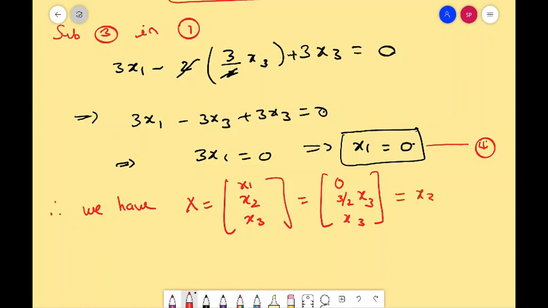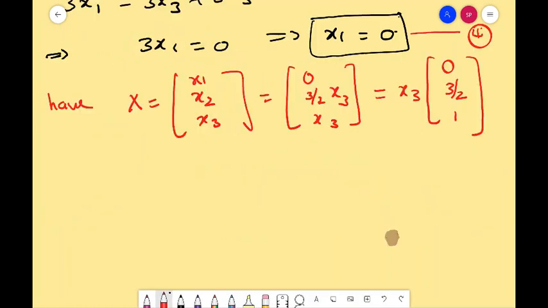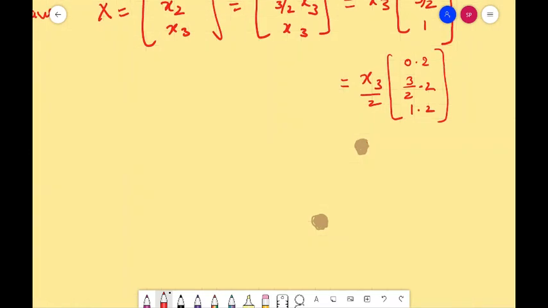This I can write as x3 into 0, 3 by 2, 1. Or I can say x3 multiplied by 0 into 2, 3 by 2 into 2, 1 into 2, divided by 2, so it will be compensated. If I take x3 by 2 as k, this will be 0, 3, 2.